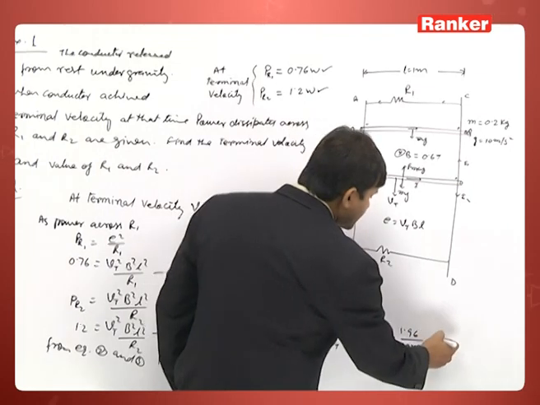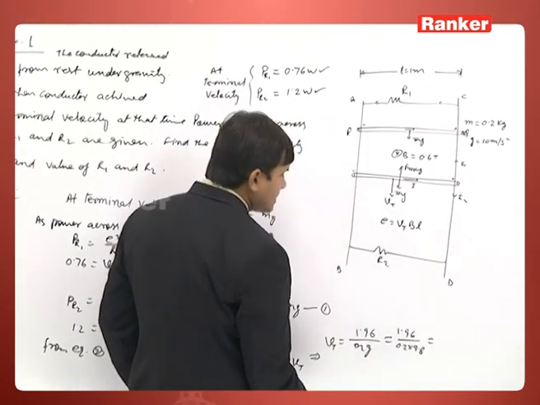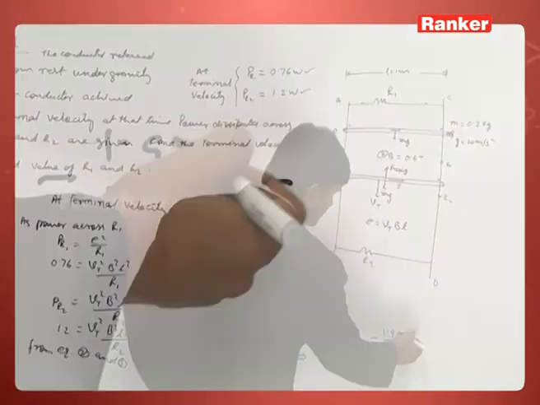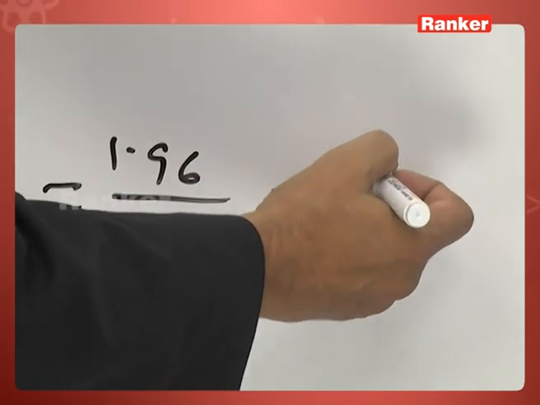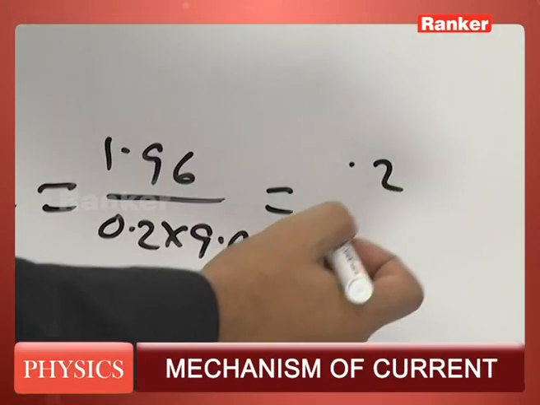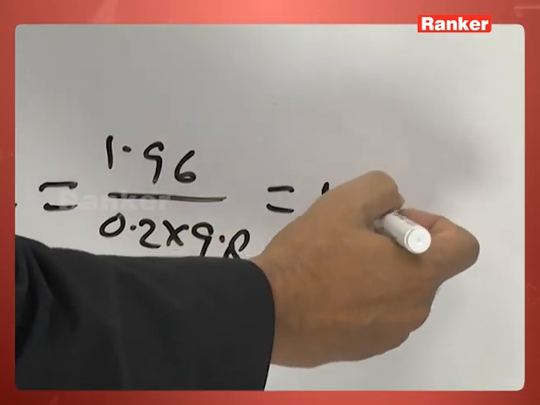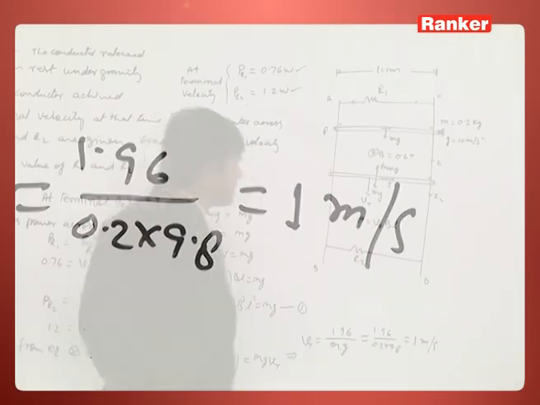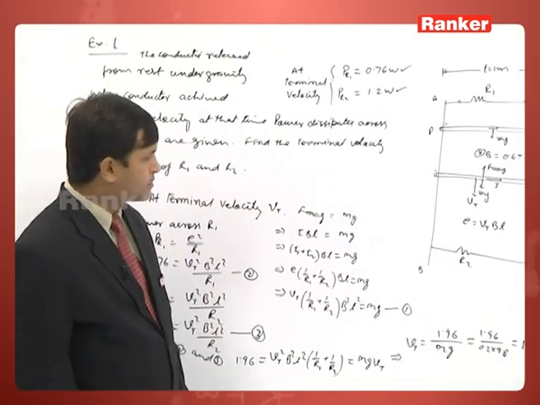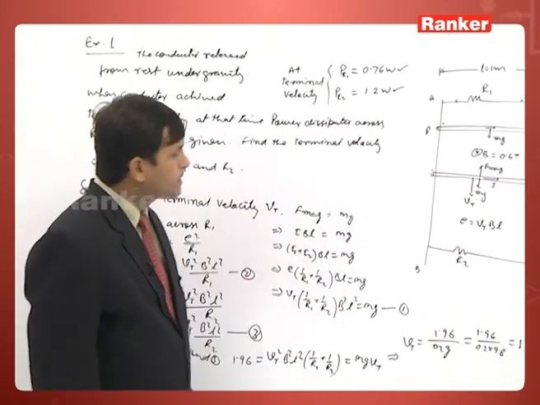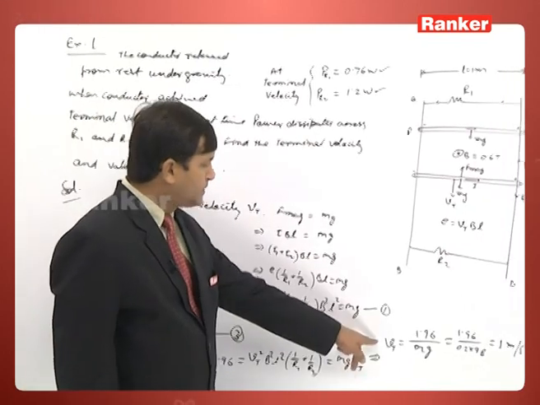So from here it comes out, directly, to 1 meter per second. This is the speed unit, the terminal velocity Vt.